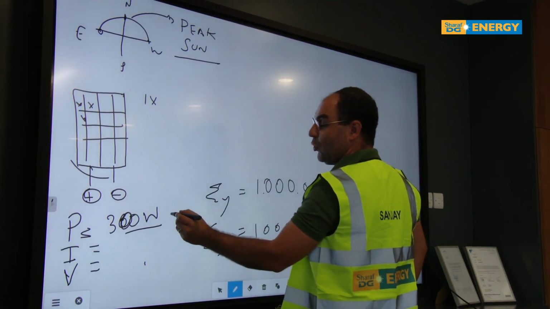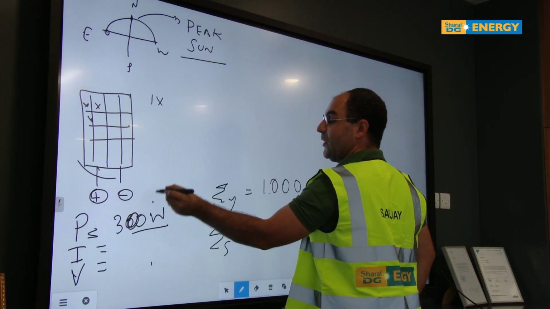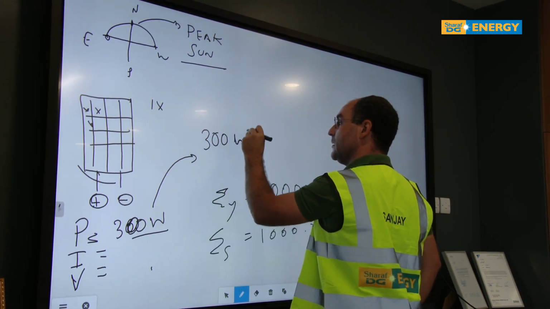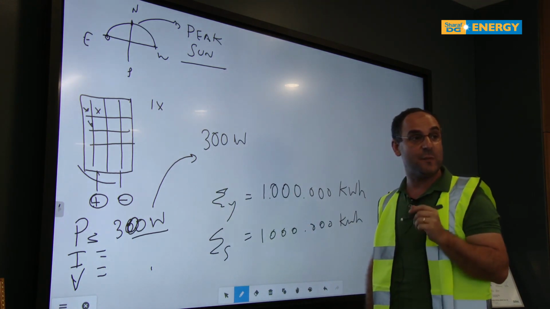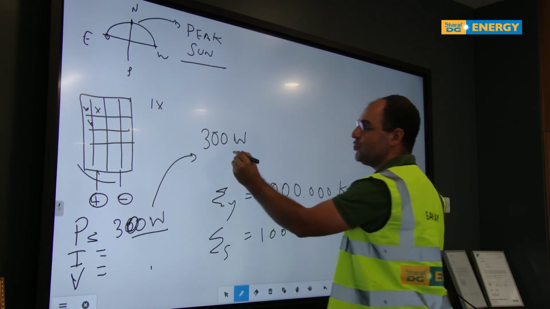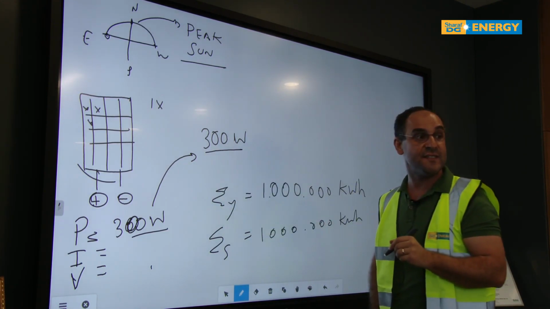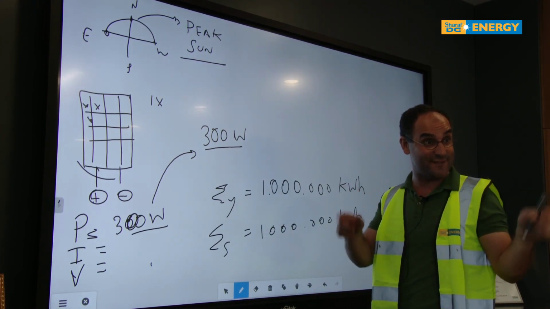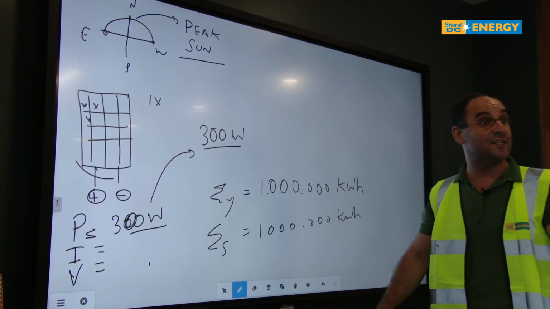Now, going into more detail, when you're going to see these 300 watts here, all right, what does it mean? It means that this panel, under certain characteristics and conditions, can produce 300 watts. And this information has been stated to the market in general by a third-party entity.